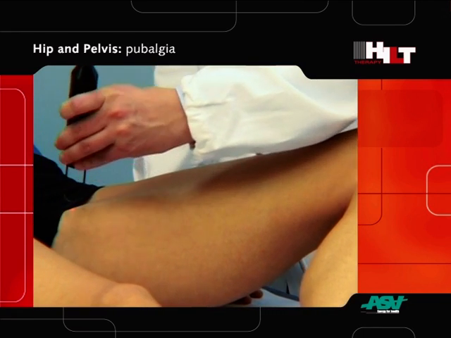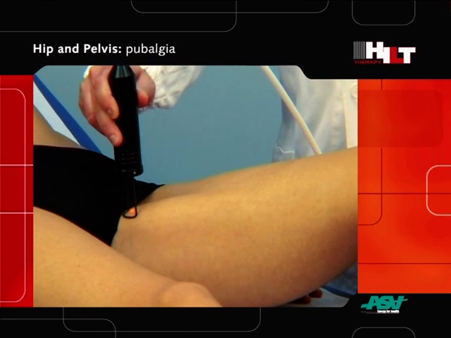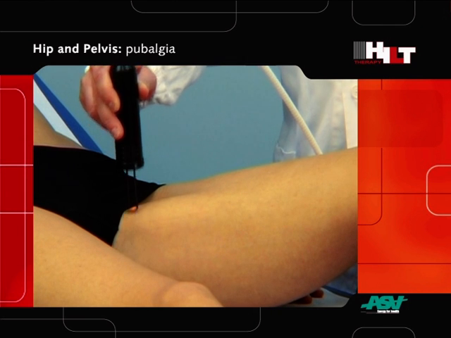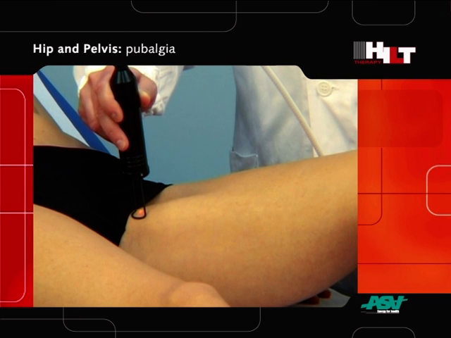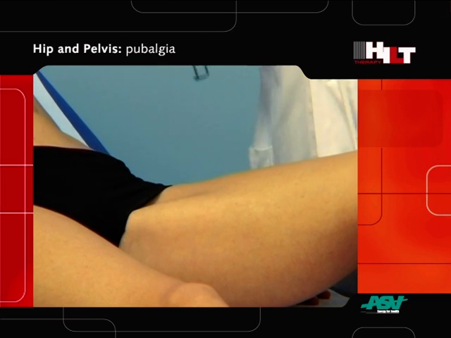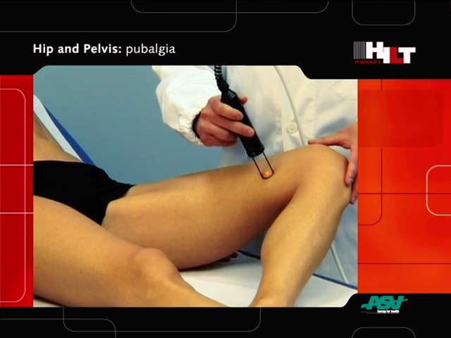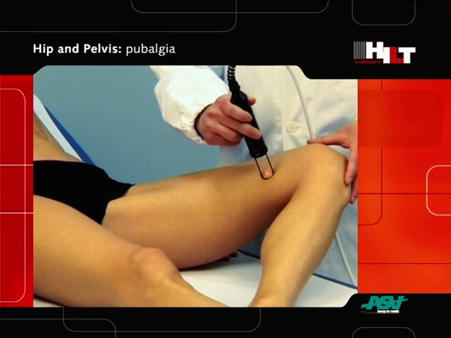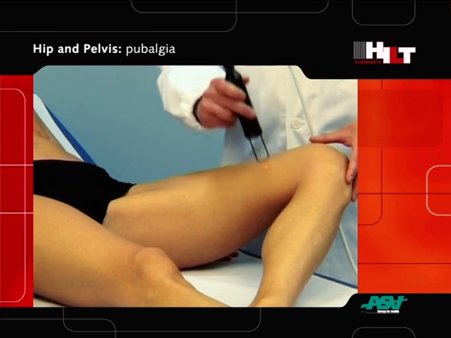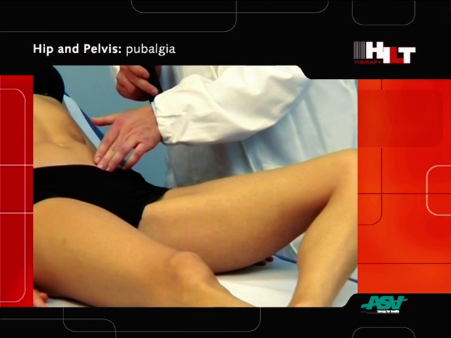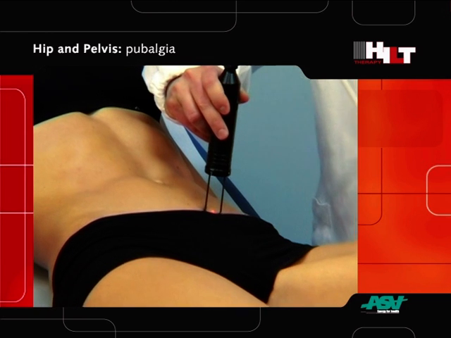Then we treat the proximal and distal insertion, and also the insertion of the rectus abdominis on the pubic ramus.